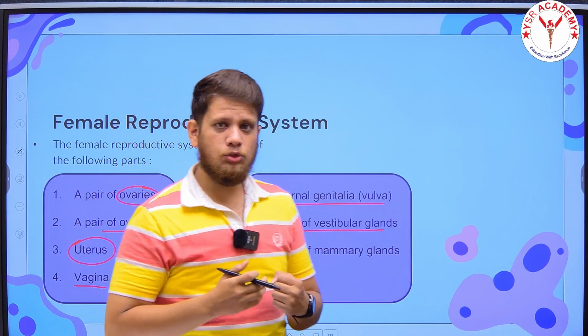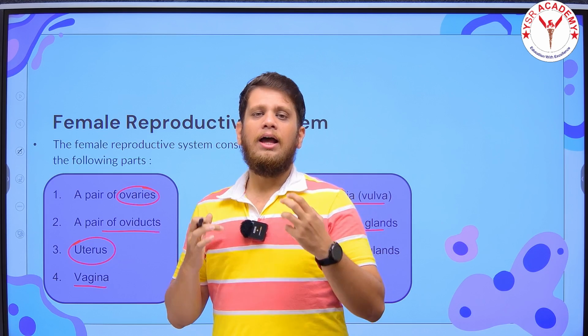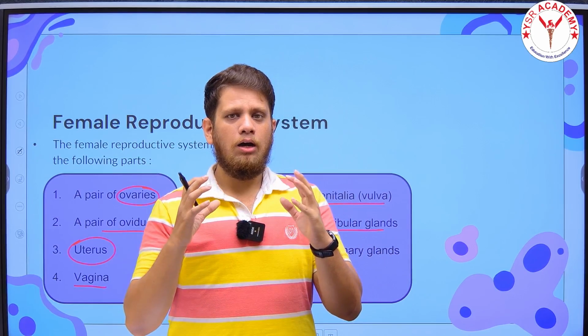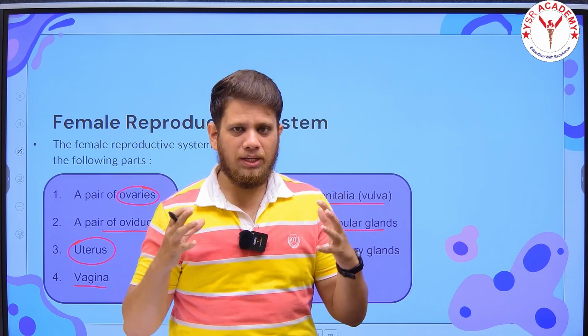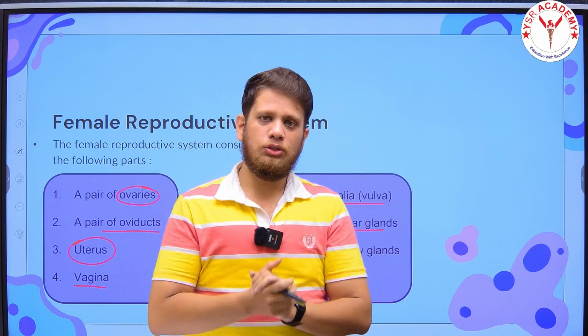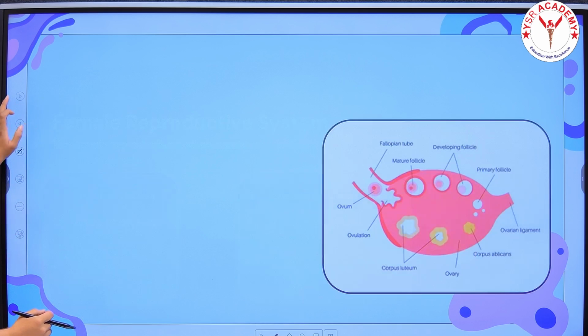Internal is the one which is present inside the female's body, and external is the one which is present outside. So to speak, we're going to mix both the concepts together to give you a whole picture of the female reproductive system.